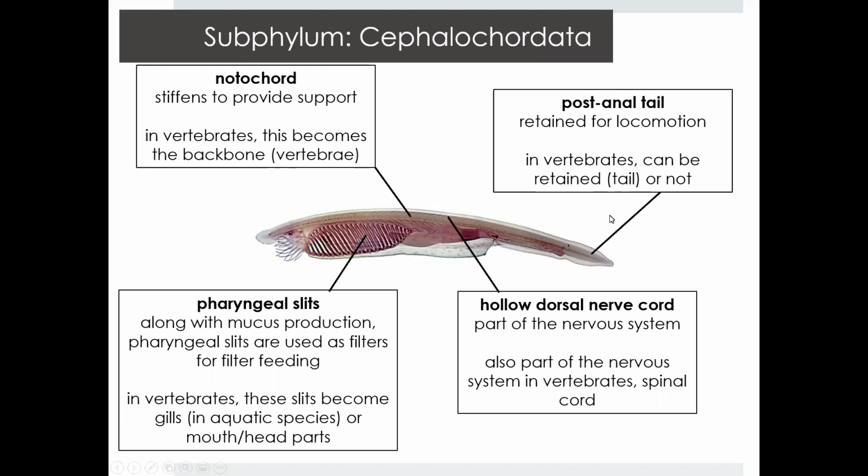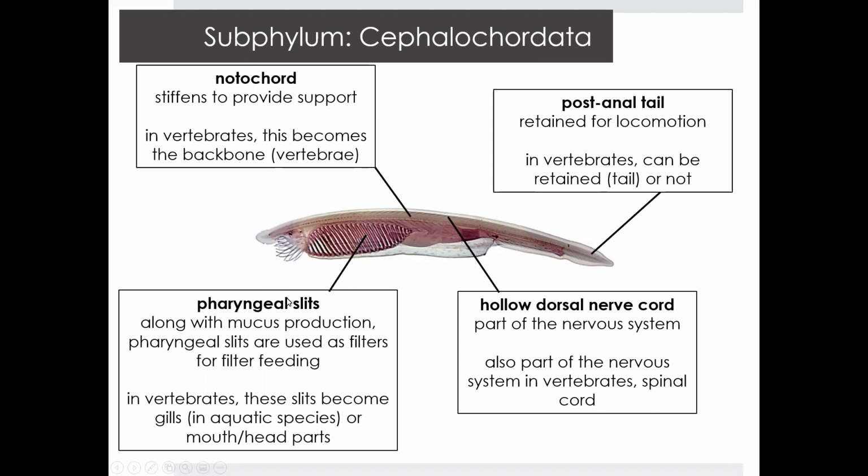If we compare that to what this postanal tail becomes in vertebrates, for some species the tail is retained, if you think about a dog, whereas for other species it is not, because you and I don't walk around with our tails present, at least I hope. All right, so we also have pharyngeal slits in Cephalochordata.